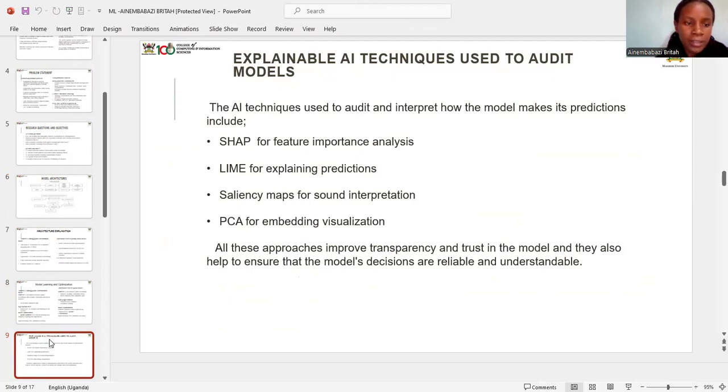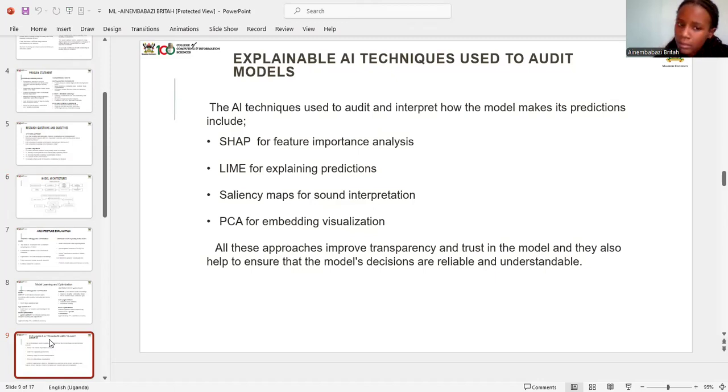After building those learning models, these are the AI techniques that are used to audit the models. The first technique used is SHAP, which helps identify the importance of different features in influencing the model's prediction.